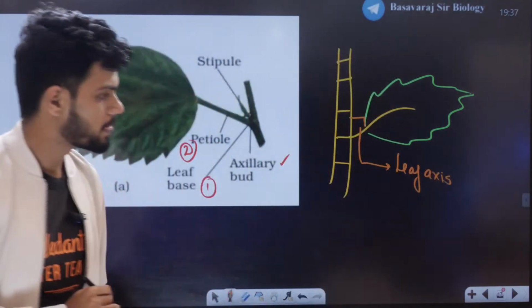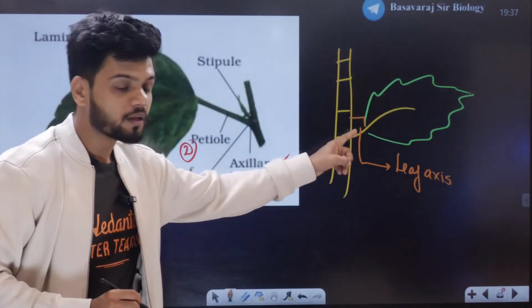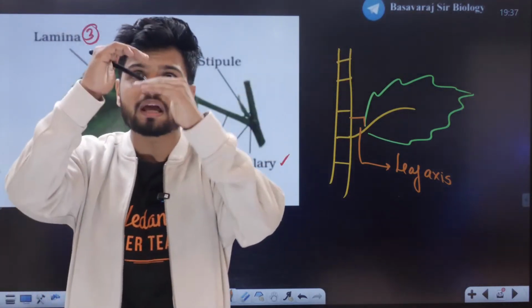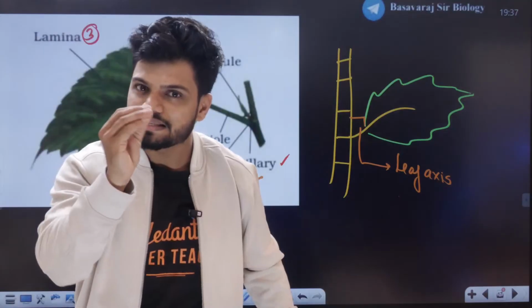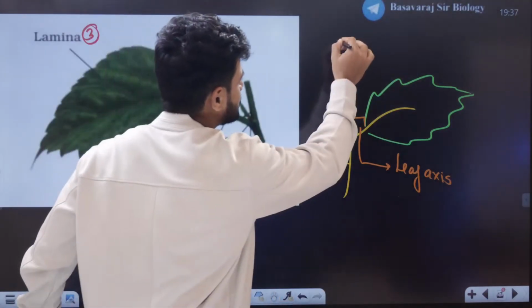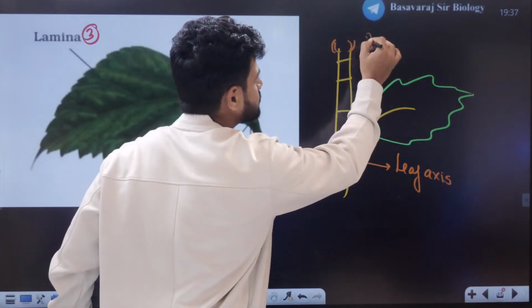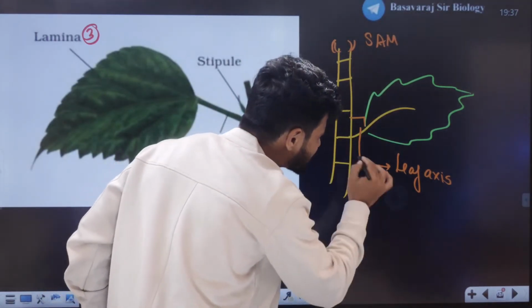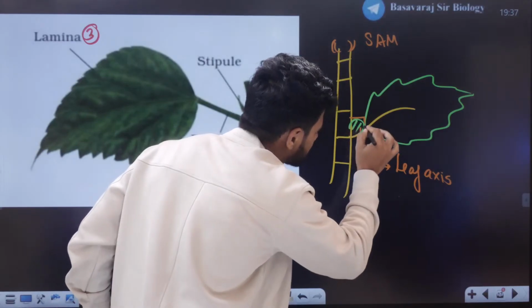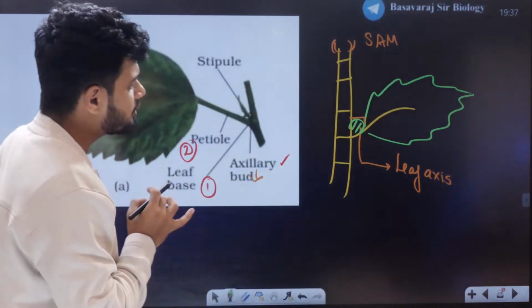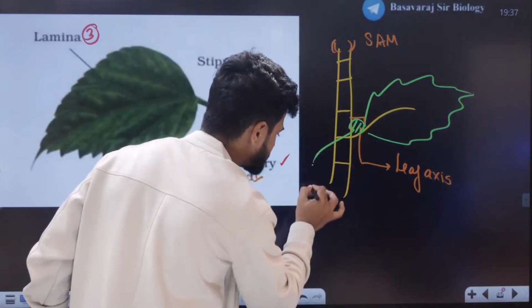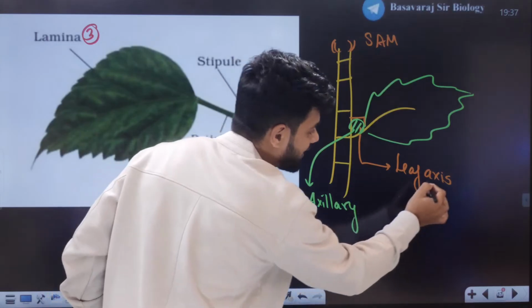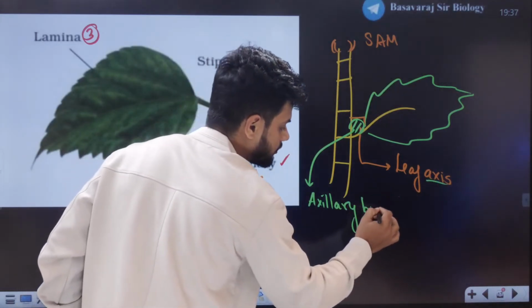Now, within the leaf axil, when the shoot apical meristem is growing, some cells are left behind, and those cells are called a bud. This bud right here, present in the leaf axil, is called an axillary bud because it is present in the leaf axil.